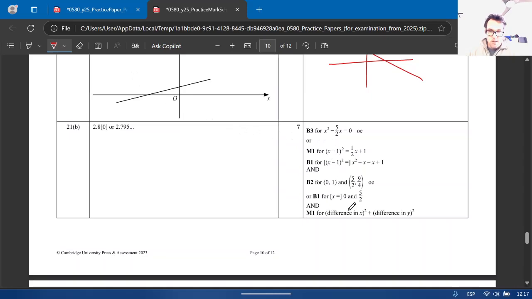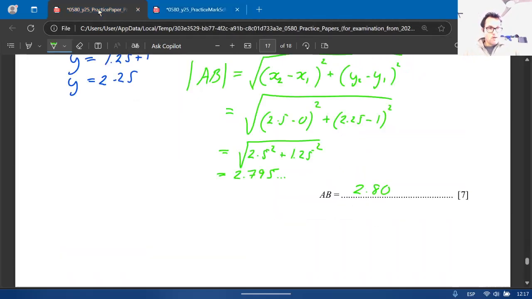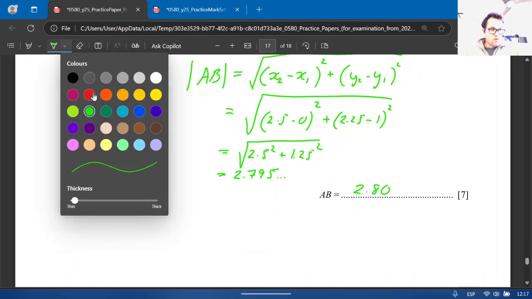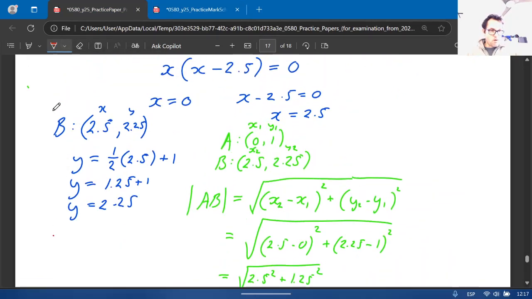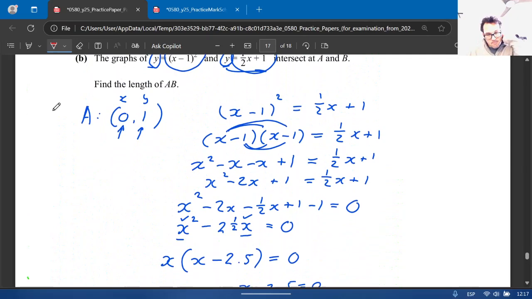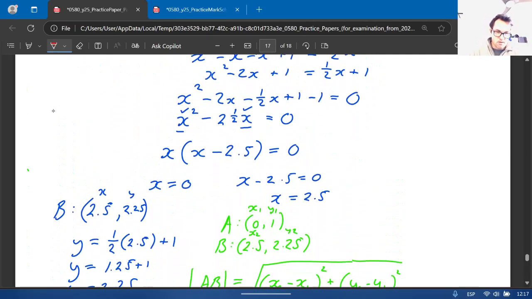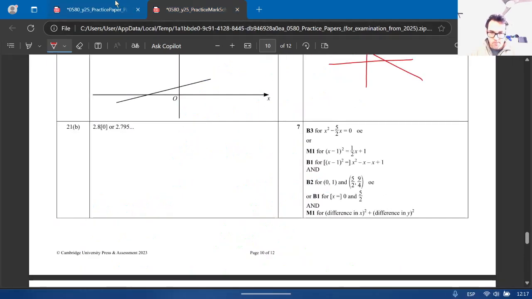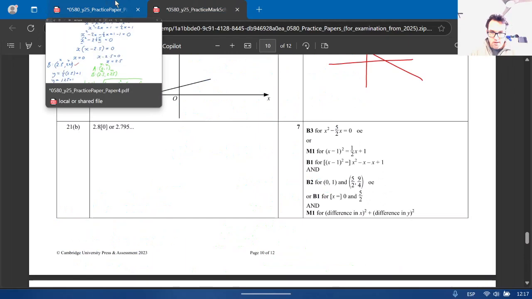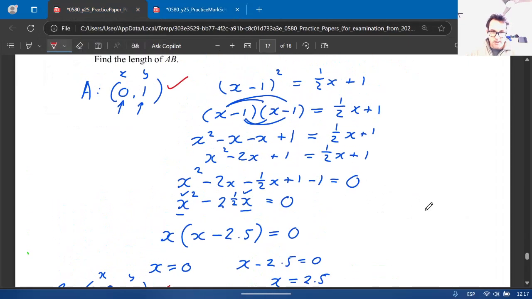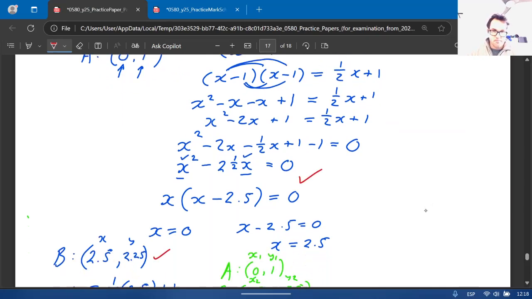A lot of marks here. Okay, it's difficult to go through every single mark because it all depends, but you got a mark for finding these points. You get a mark for setting the two equations equal to each other, and then for rearranging it correctly, you get a mark.